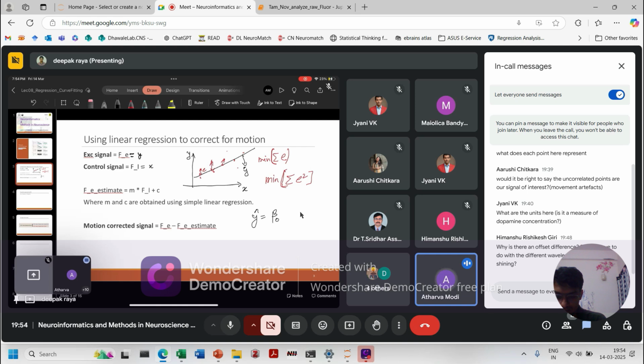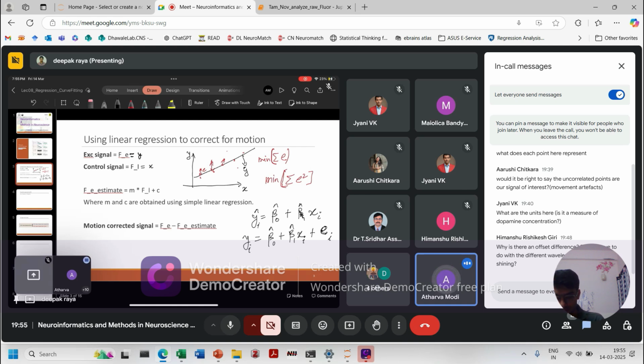beta naught plus beta 1 x, and our y will be beta naught plus beta 1 x plus some error term, y i equals that plus e i. This error term is for individual sample points.